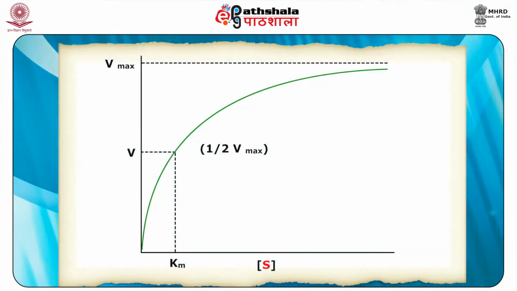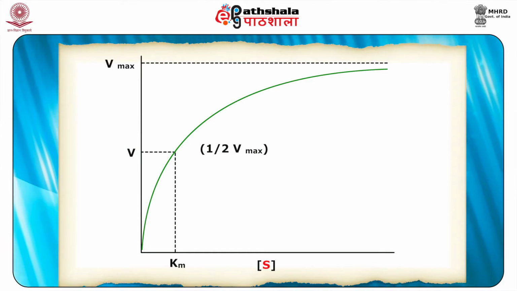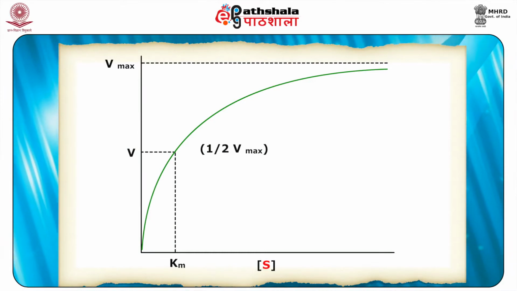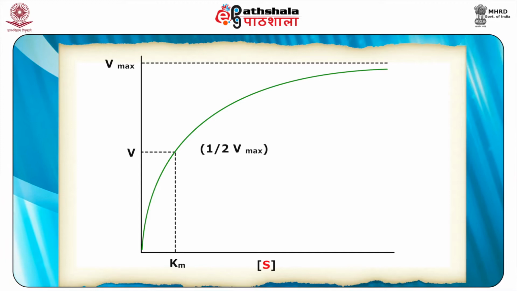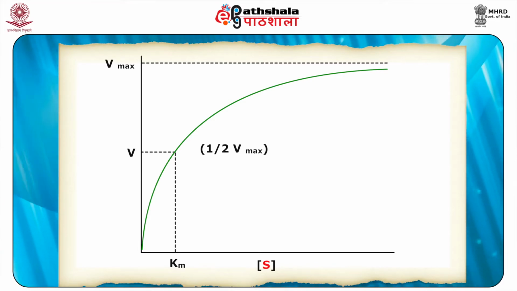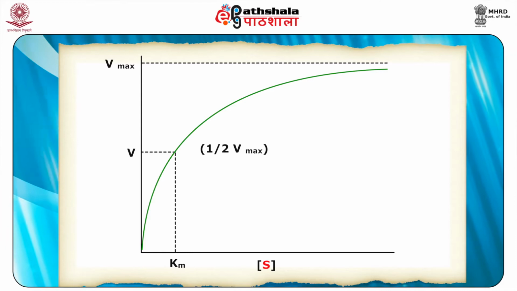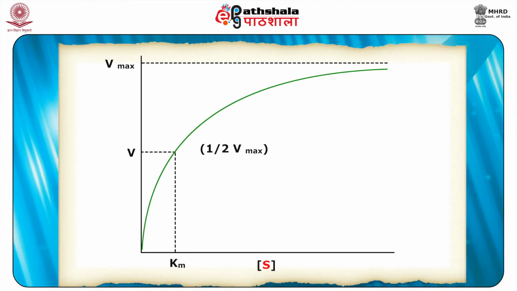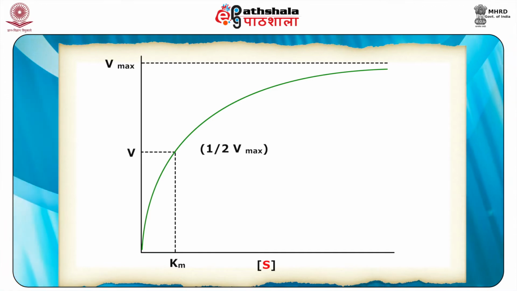In an enzyme catalyzed reaction, the velocity of the reaction is dependent on the substrate concentration. Consider the figure plotting the velocity V on y-axis versus the molar concentration of S substrate on the x-axis. This graph was first determined by Michaelis and Menten in the 1900s.